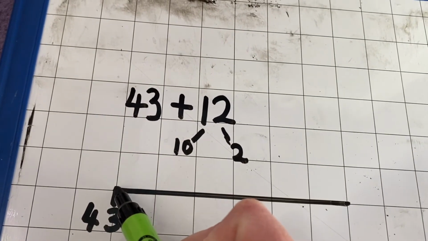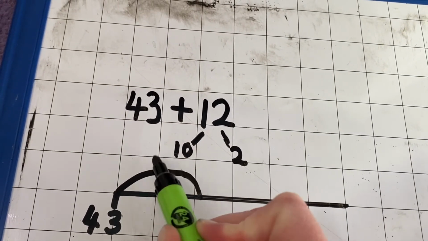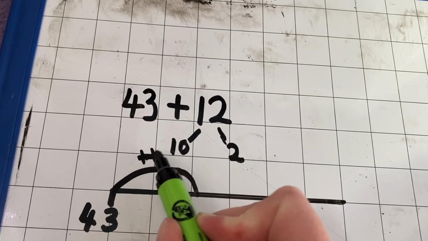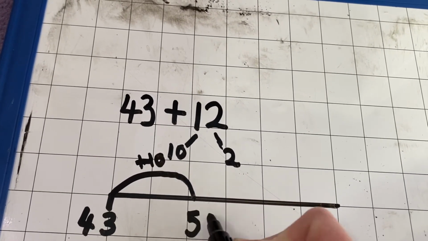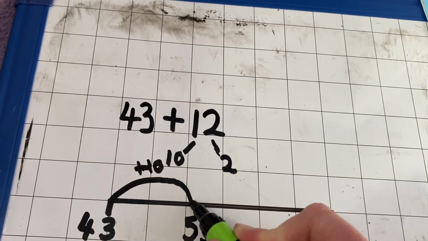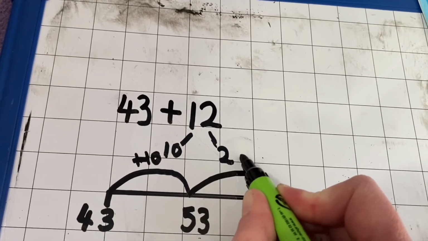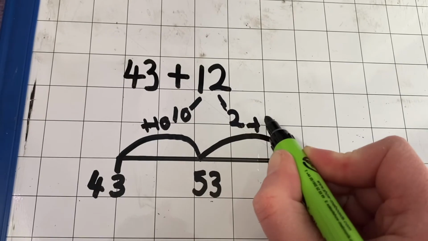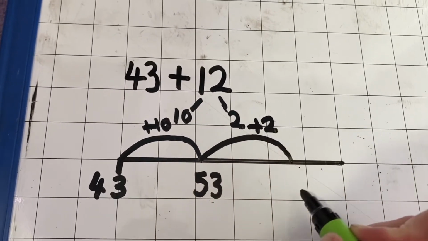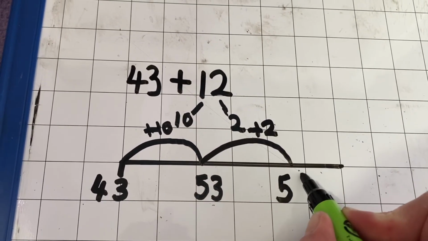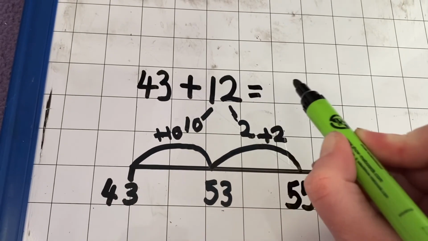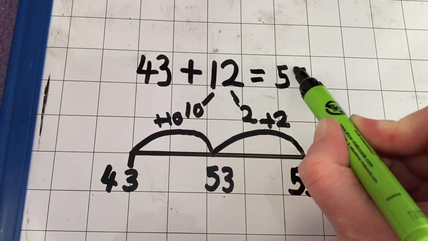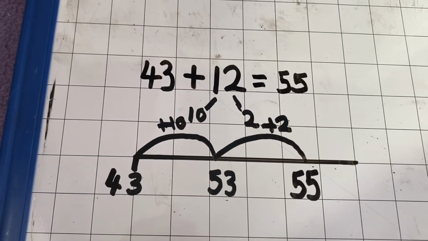Therefore, we can do 43 add 10. This will make 53. Now we have to add the 2, which will bring us to the total of 55. Therefore, 43 add 12 equals 55.